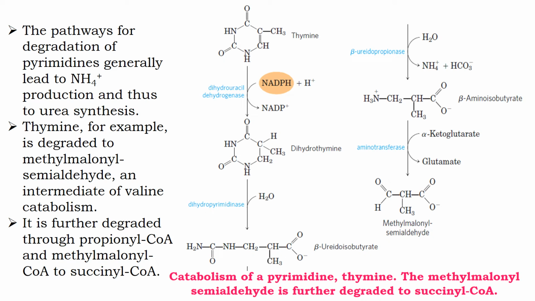So we know that one product can be catabolized and the intermediates can be shunted to the remaining metabolisms, like that. So through valine catabolism we are going to get this methylmalonyl semialdehyde, which is again converted to succinyl CoA, and this succinyl CoA can be shunted to the Krebs cycle.